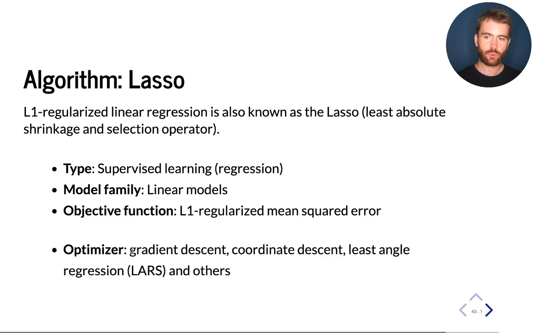And in fact, in this course, we have already seen all the ingredients that we need in order to apply gradient descent. So if you wanted, you could implement a version of this on your own. And there are other techniques such as coordinate descent, and there are also some specialized algorithms, such as one that is called LARS. LARS stands for least angle regression.